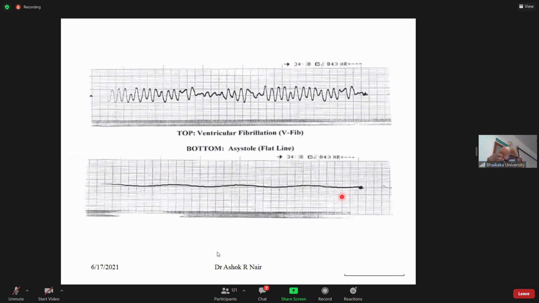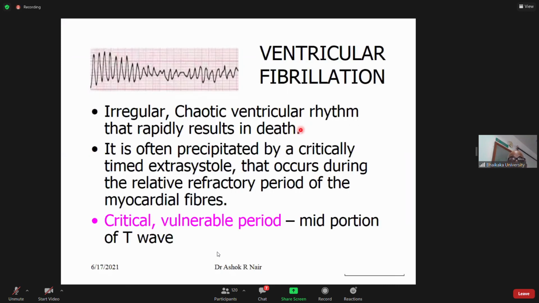Last class, I think somebody asked me in the chat box, I just remembered when I looked at this graph, about long QT, why there is an increase in heart rate after a long QT.